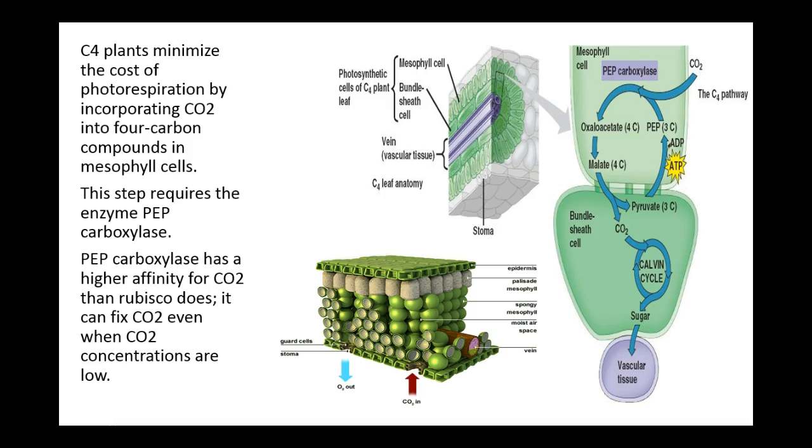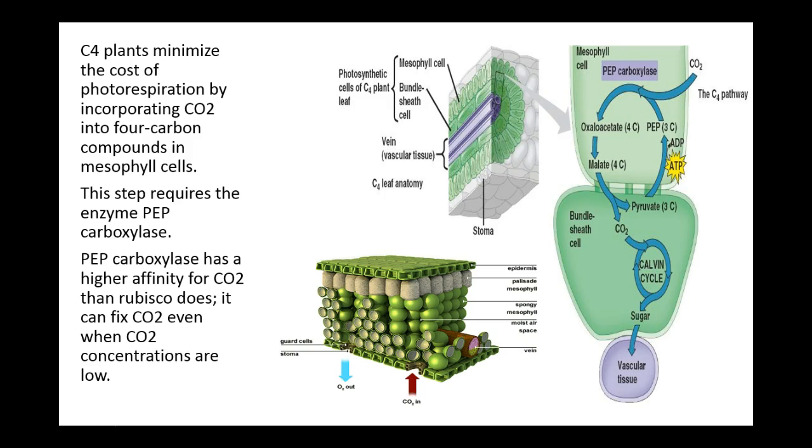If you look at the top of the far right, that's the mesophyll cell. You have an enzyme called PEP carboxylase, and what that can then do is it turns CO2 into this 4-carbon product, and that then can go into the Calvin cycle.